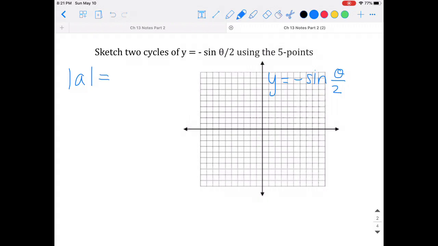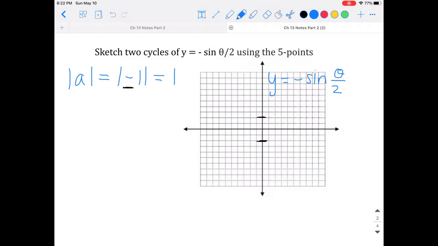So in this case, even though a is negative, when we take the absolute value of negative 1, we get positive 1. So our maximum point is going to be positive 1, minimum point is going to be negative 1. This negative is important though because it's going to change the pattern. We don't go from 0 to the max now, we go from 0 to the min.